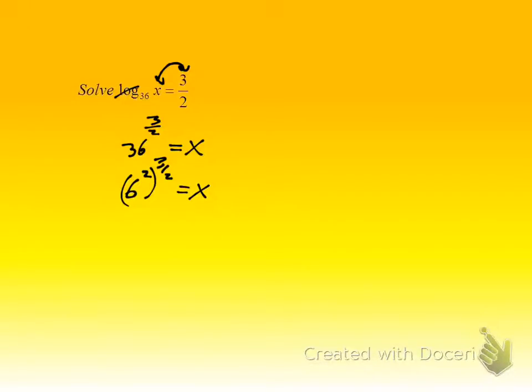The squares cancel out, so 6 cubed equals x. So x equals 216. Plug that back in to x in the original, and make sure it's not a negative or 0. In this case, it's 216, so you're good.